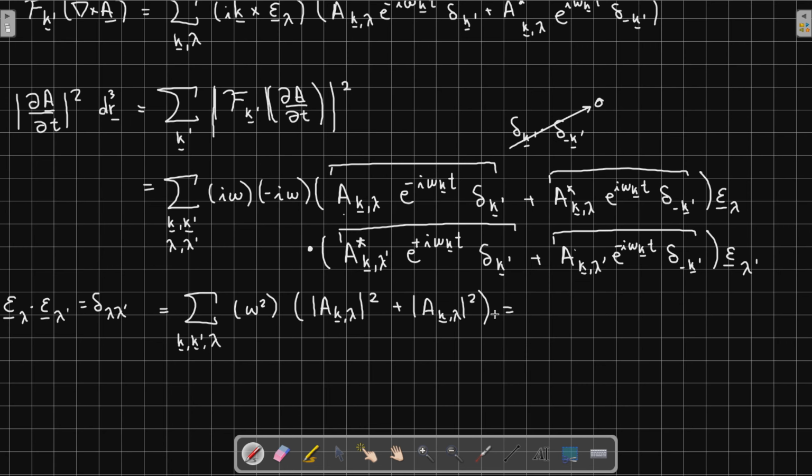So this is equal to, and again, I have lost the sum over k prime when doing this, when simplifying the delta functions. So I end up with this sum right here.